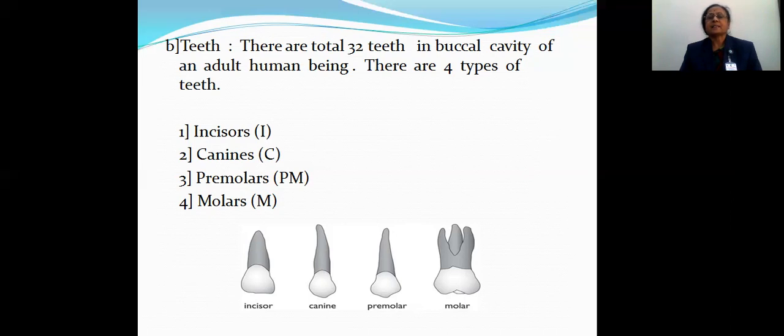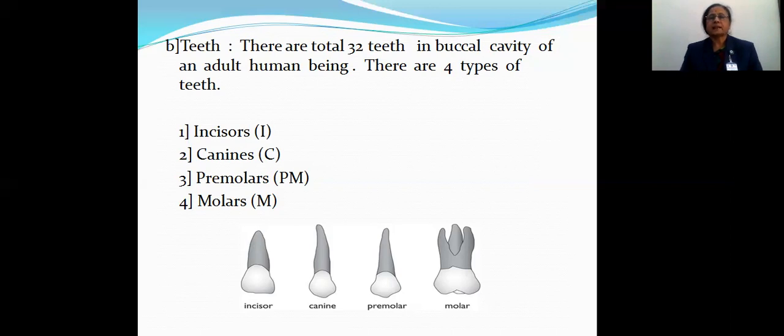As well, these teeth are fixed in a socket, so they are known as thecodont. As well, there are different types of teeth, so this type is also known as heterodont because different types of teeth are present.